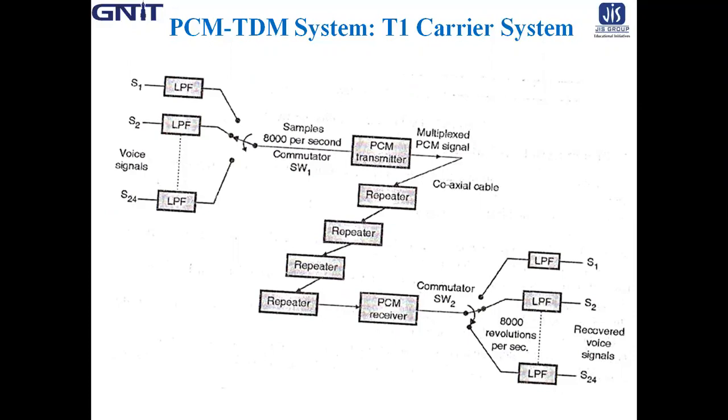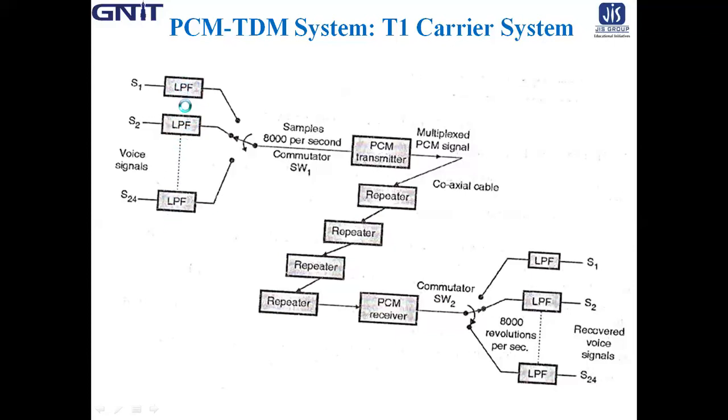Remember that it accommodates 24 analog signals, which you can refer to here from S1 through S24. Each signal is band limited to 3.3 kilohertz and is sampled at the rate of 8 kilohertz.